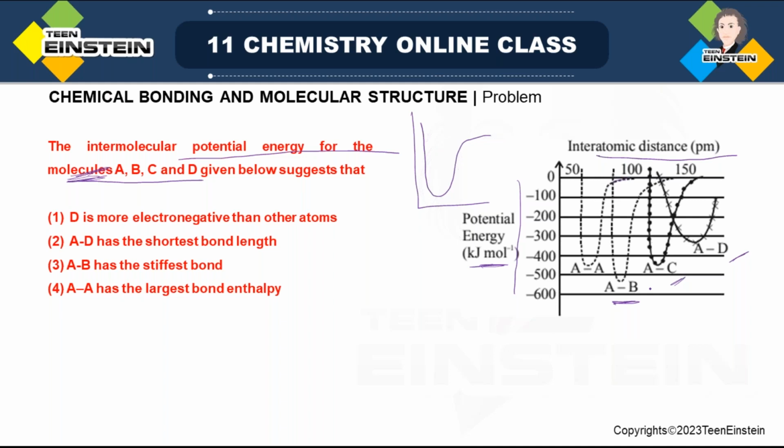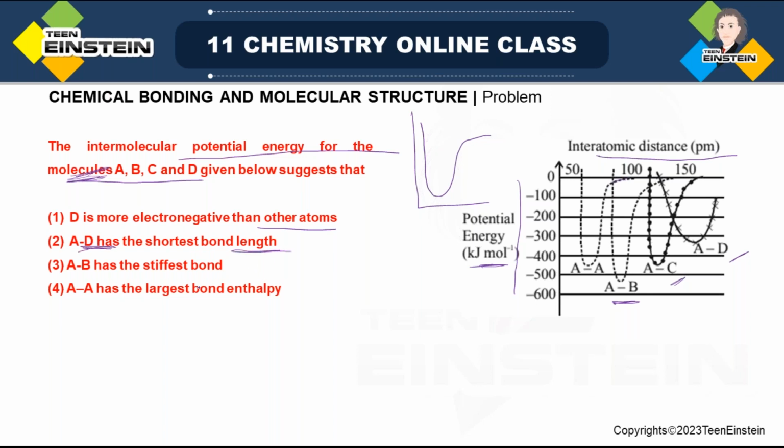So what statements are there? D is more electronegative than other atoms, that is, compared to A, B, C, it is more electronegative. Basically 4 statements are there, and we have to choose the one statement which is correct. The second statement: AD, the bond between A atom and D atom, has the shortest bond length.